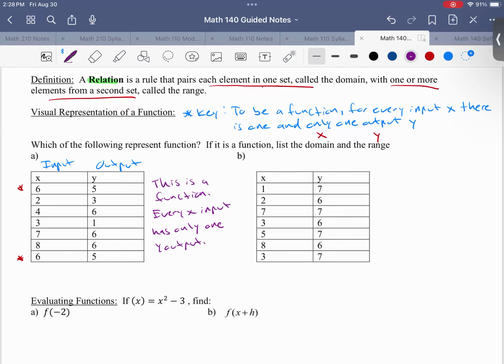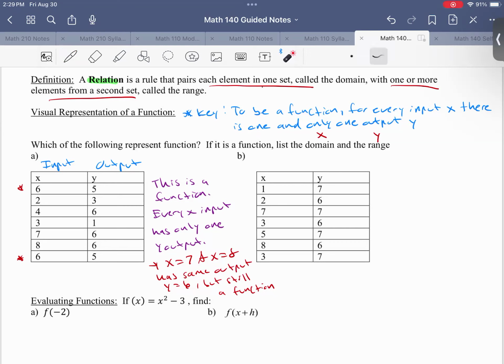One thing I would note as well: x equals 7 and x equals 8 have the same output, y equals 6, but it's still a function, because the only thing that causes this not to be a function is if an x value goes to multiple outputs, has multiple y values.